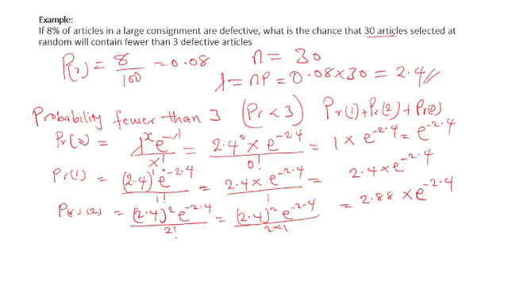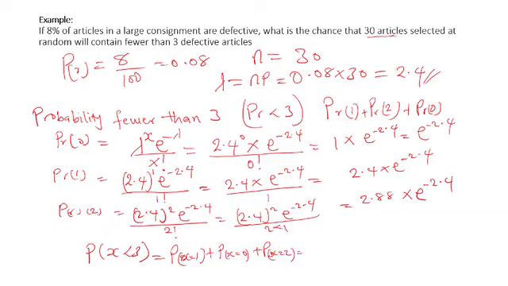So with this, the probability of x being less than 3 is equal to the probability of x equals 1 plus the probability of x equals 0 plus the probability of x equals 2.